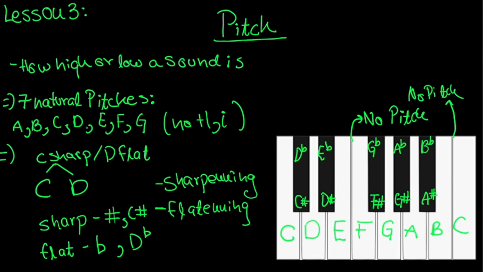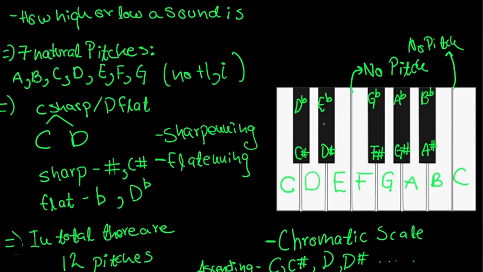When we're writing them down on paper, we say A, B, C, D, E, F, G. So there are seven natural pitches or white keys on the piano, and those are the first seven letters of the alphabet: A, B, C, D, E, F, G. But aside from these natural pitches, there are also sub pitches that come in between these natural pitches, which are not as high as one and not as low as the other.